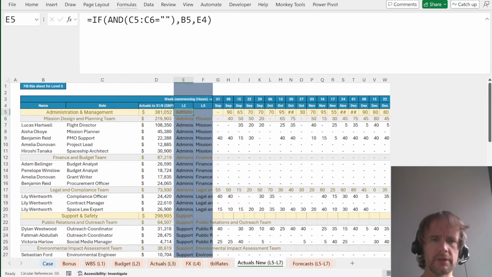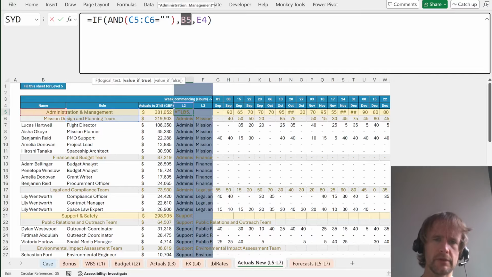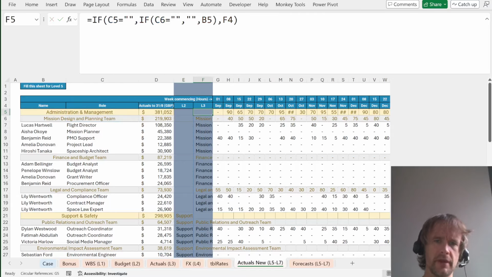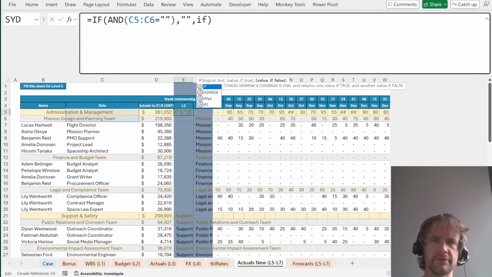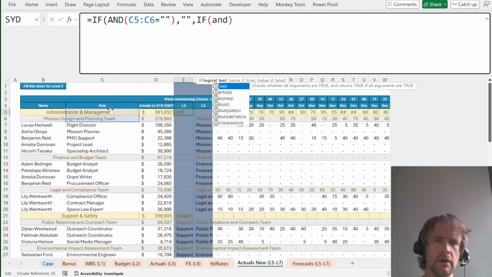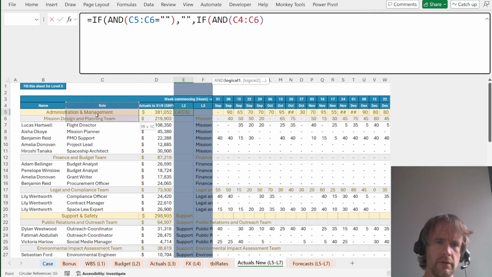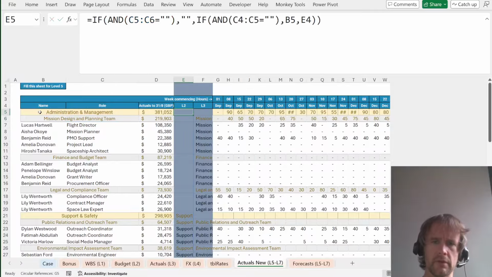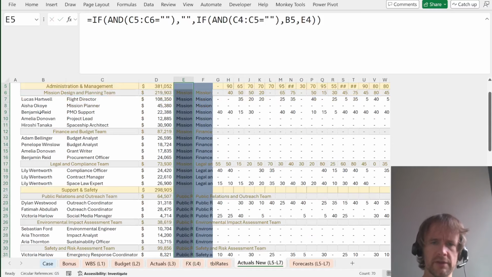Circular references, I know, I'm sorry for being so cruel. So then, if they're both equal to blank, then that should be blank. Otherwise, if these two are equal to blank, then I want that. Otherwise, what's in the row above? I think that will give me everything except yes.